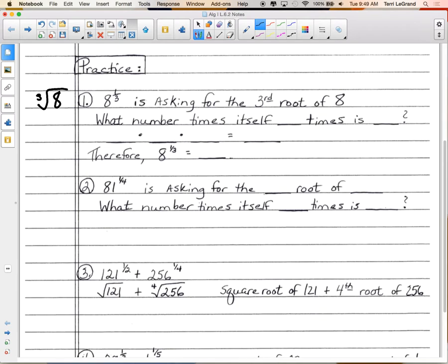It's asking for what number times itself 3 times gives you 8. And what number is that? 2. 2 times 2 times 2 produces 8. Therefore, we can say 8 to the 1/3 power is 2.